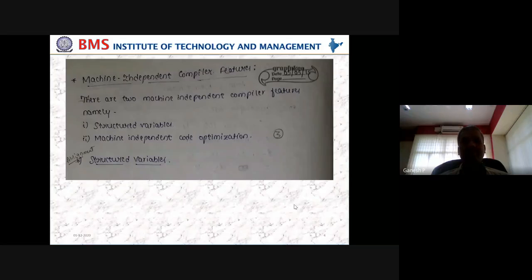Thereby those two are the concepts of machine dependent compiler features. Now coming to the machine independent, there might be more than 5 to 6 methods, but we'll be concentrating on only 2 methods out of these. Let us see what are those concepts that come under machine independent code optimization.